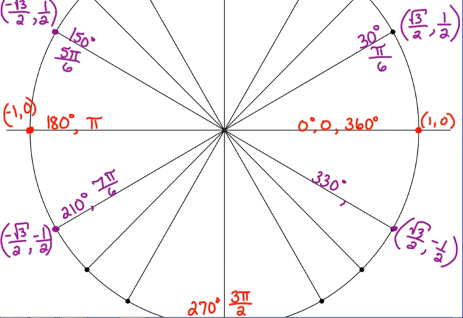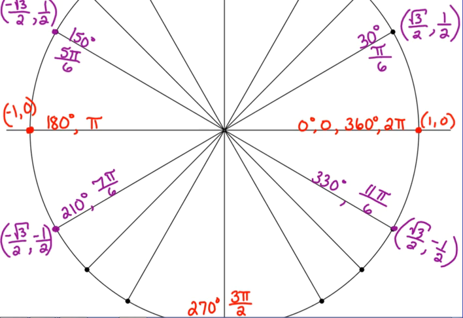It's where you start and where you end. It's the same place, which is also 2 pi when we're talking about radians. So now we're 1/6 short of 2. 1/6 short of 2 is 11 pi over 6.